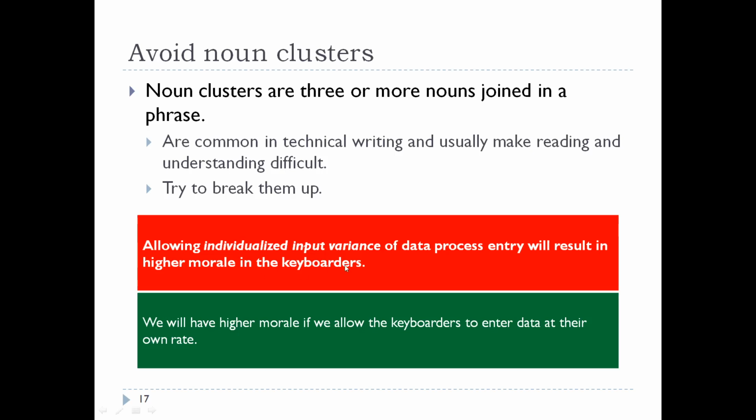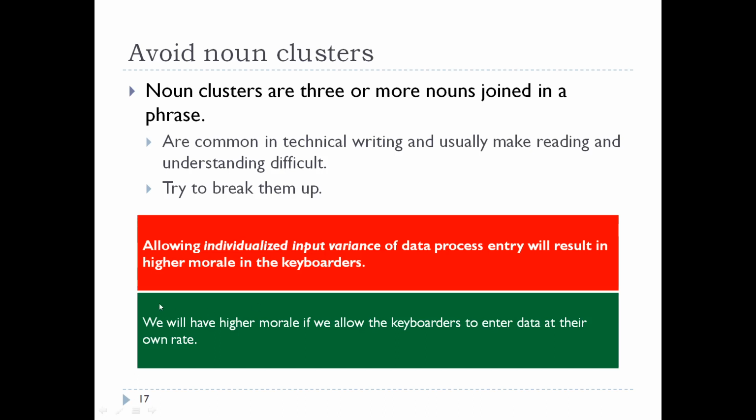Okay, so because of this individualized input variance, this noun cluster, the sentence that we end up with is difficult to understand. It presents a very simple idea in a very difficult form.